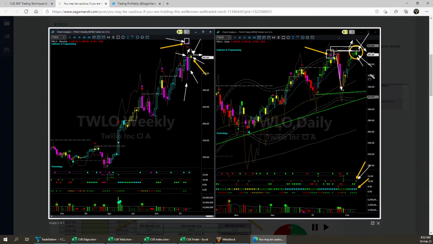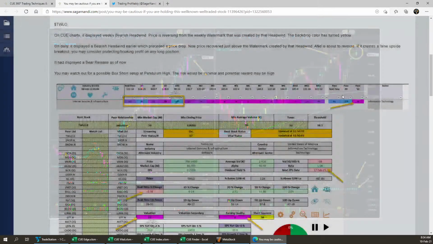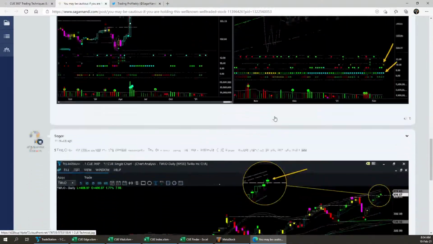Box short setup in a stock that was overvalued, in an industry that was decelerating, and if I had the confirmed setup, you may note that the stop loss would be very narrow, just one candle high. However, the candle color did not change to yellow or red.